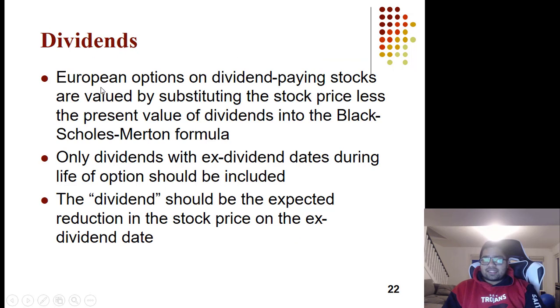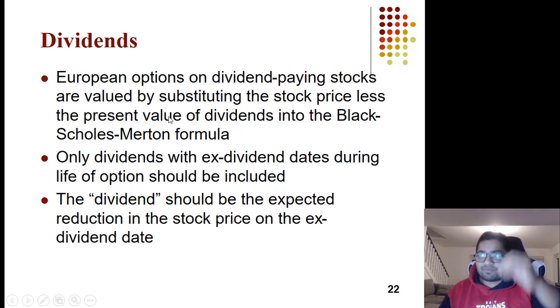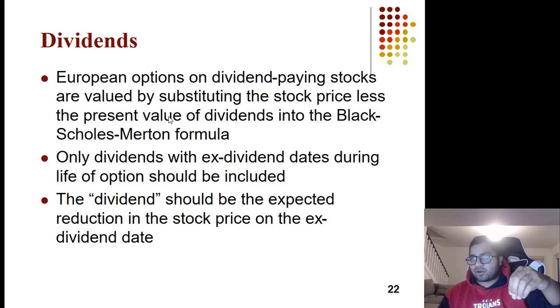Now, we have not considered dividends while using the Black-Scholes-Merton model. European options on dividend paying stocks are valued by substituting the stock price less the present value of dividends. So what do you have to do? Use the same formula for the Black-Scholes model, just deduct the present value of dividends from the stock price.